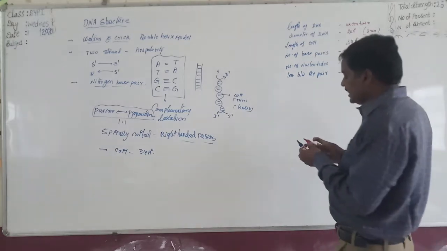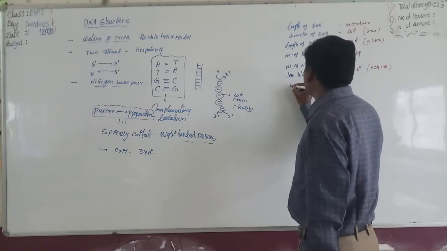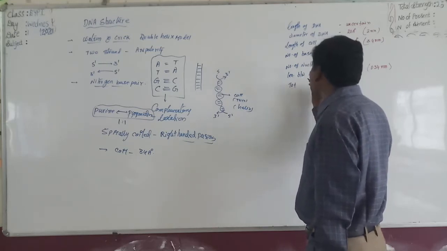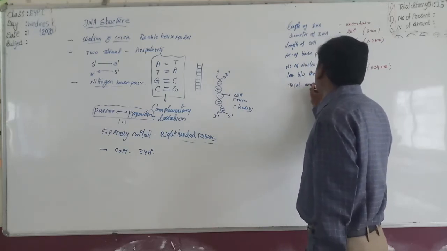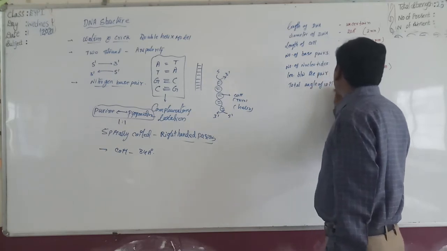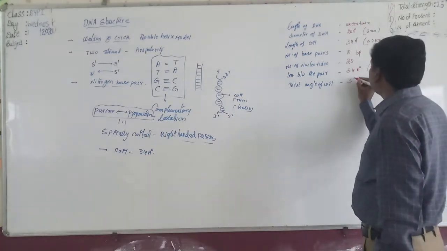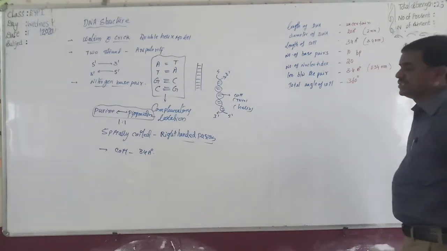Now coming to another point. Total angle of coil is 360 degrees.